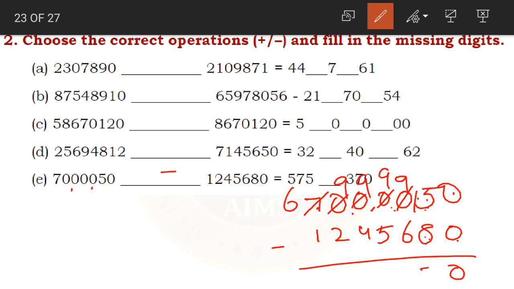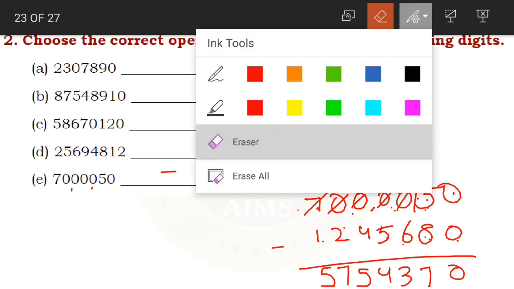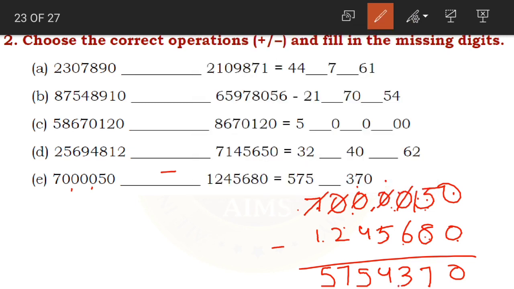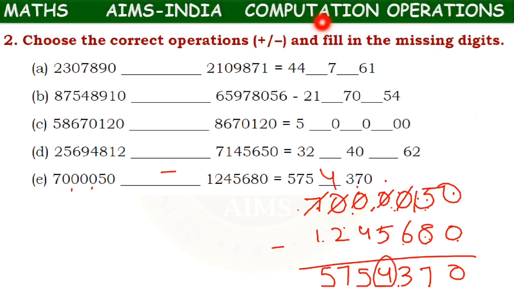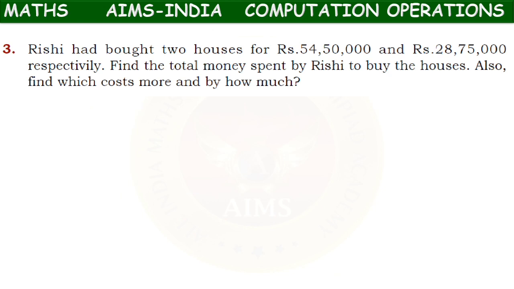Yes, 15 minus 8, 7. 9 minus 6, 3. 9 minus 5, 4. 9 minus 4, 5. 9 minus 2, 7. 6 minus 5, 1. 6 minus 1 is 5. What is the answer that we got, children? 57 lakhs 54,370. Now what digits are missing here? Only the digit 4. Understood, children? This is how we do these types of questions. I hope this was clear.